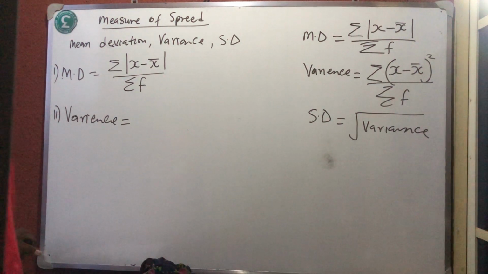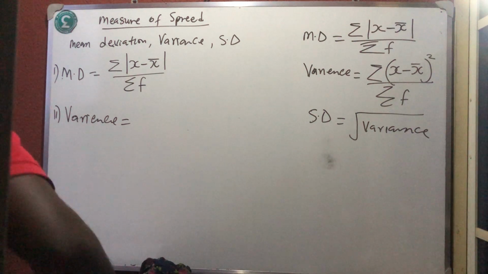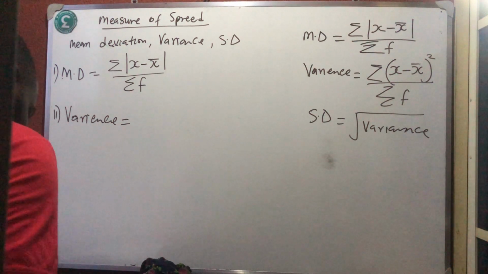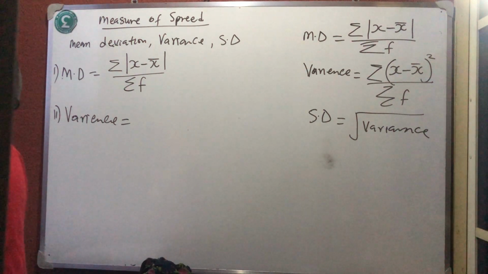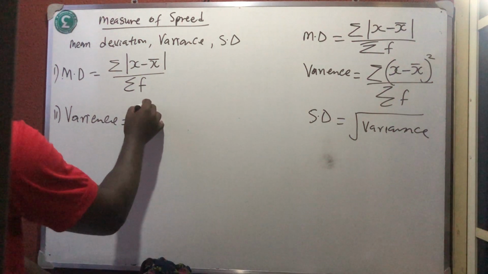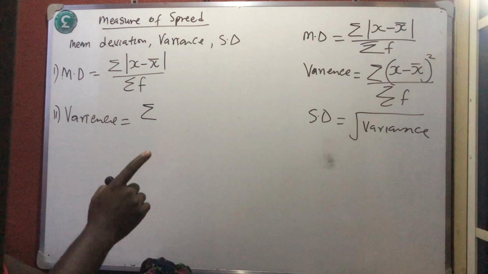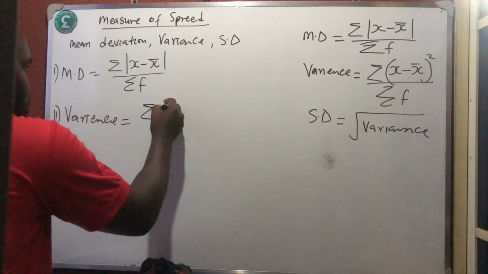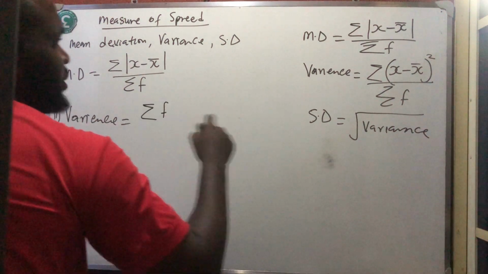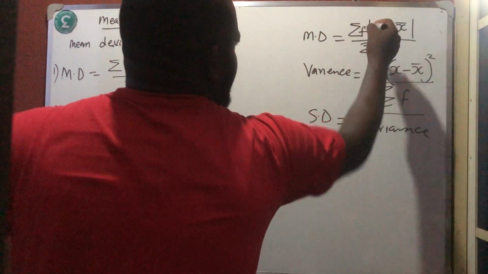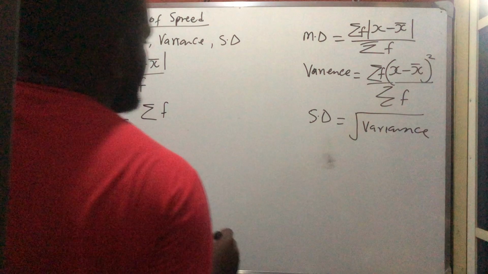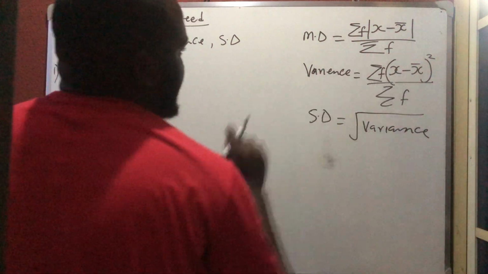Now for the variance, it is very, very simple. The variance is simply the summation, remember there is a square there, and there is an f here, please don't forget. Instead of saying it like this, let us share them.